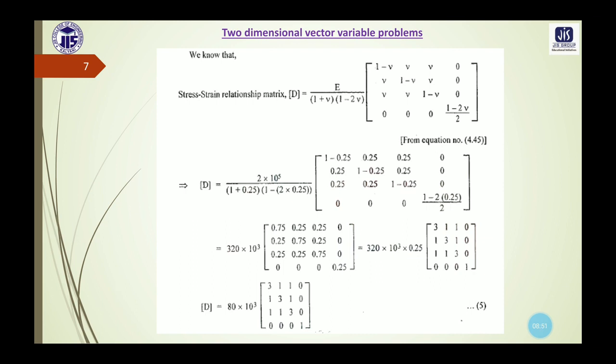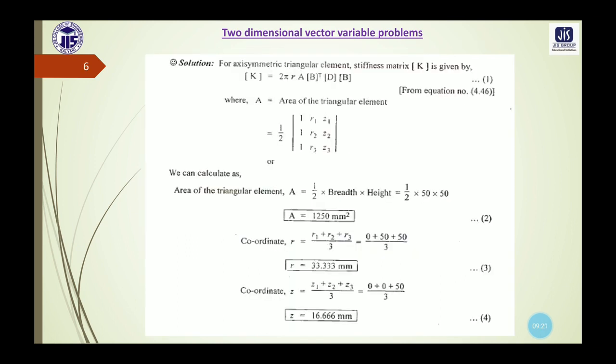The formula to calculate this stress-strain relationship matrix D is given here as E divided by (1 plus ν) into (1 minus 2ν), multiplied by a 4 by 4 matrix, where in this matrix we need to put the values of the Young's modulus and the Poisson's ratio, which are given in this numerical.